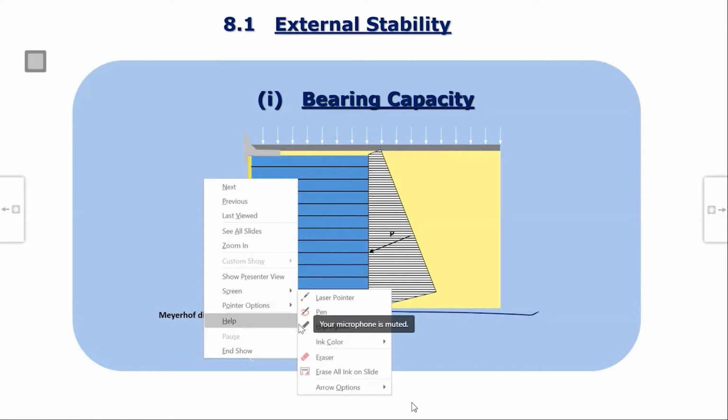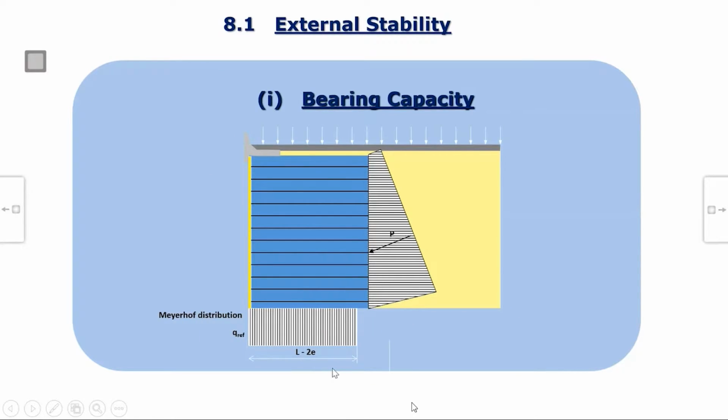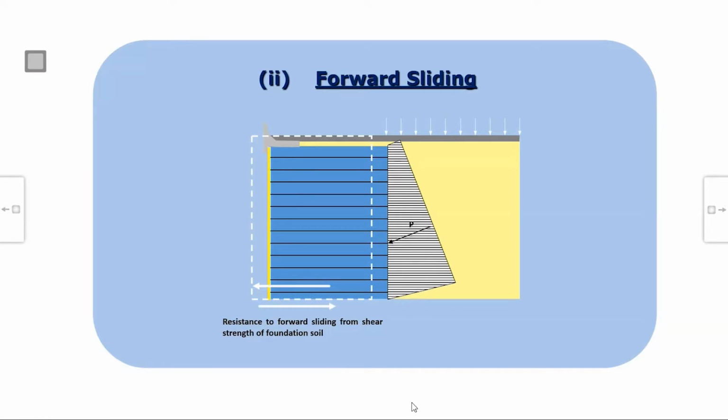We'll actually also see after lunch how this calculation is done. Similarly, for forward sliding, the worst case will be when there is no surcharge here, surcharge is acting here, and then you have got earth pressure. So because of surcharge and because of this earth pressure, this will be the earth pressure diagram. You can resolve it in the horizontal direction.